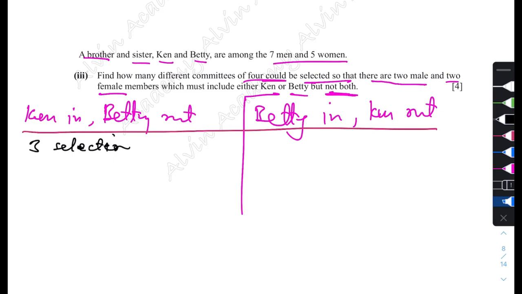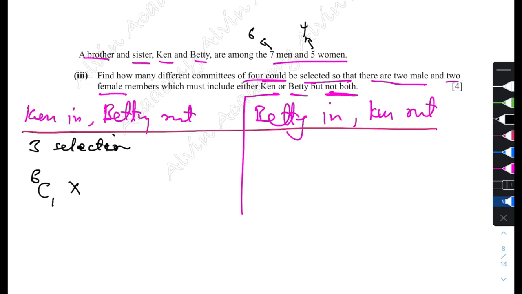Now, out of these 3, it has to contain 2 girls and a boy, because Ken is a boy, and a boy is already on the committee. We add another boy, and then we add the 2 girls. Since Ken is already on the committee, this 7 people reduces to 6. So you have 6 combination 1, and then Betty is out, so the girls also reduce to 4.